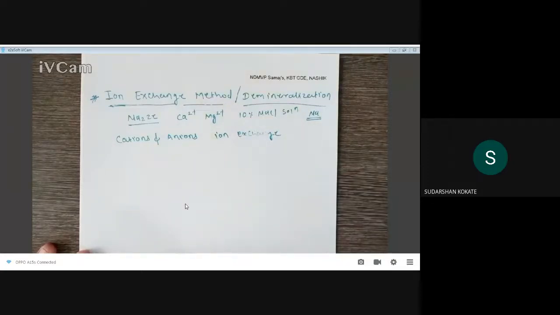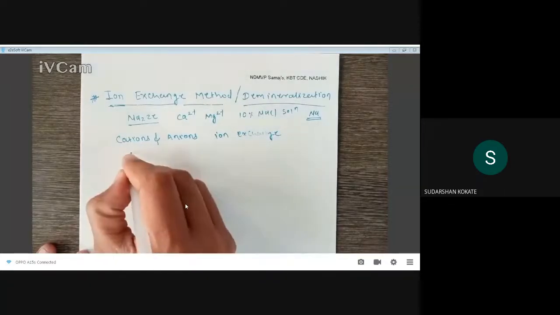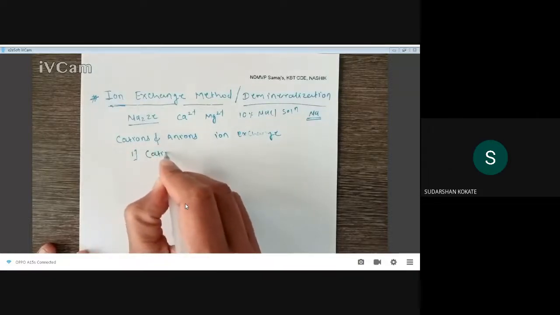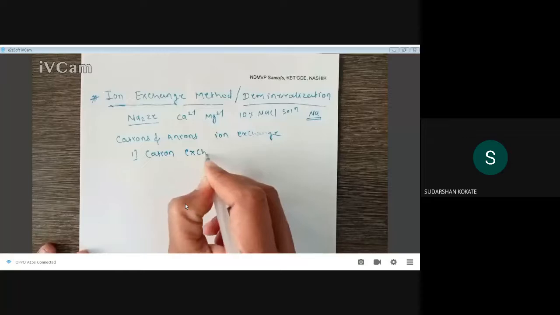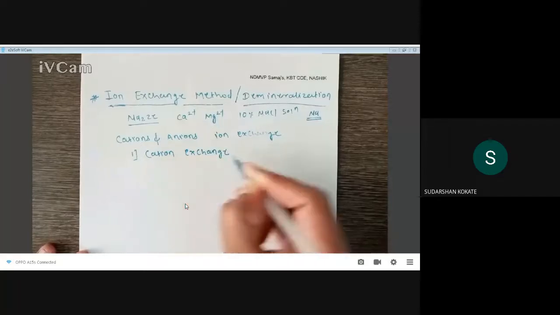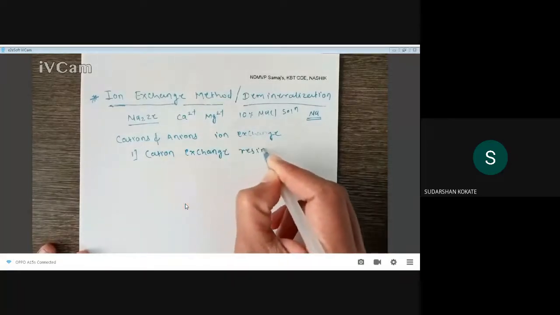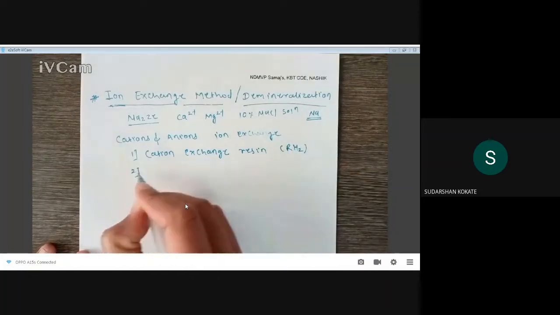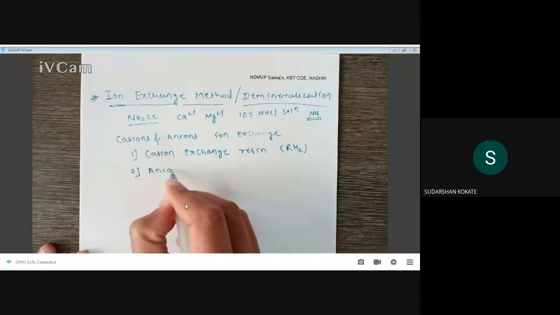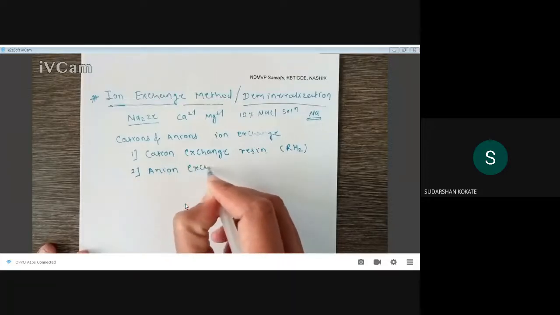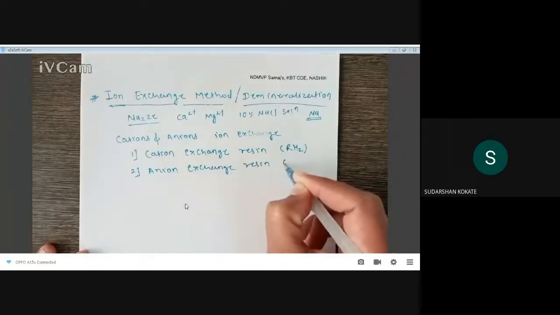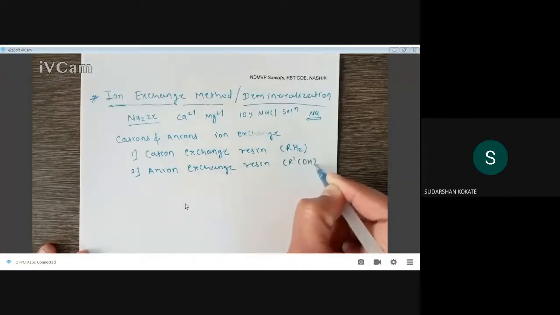Now there are two different types of synthetic resin which are useful. The first one is your cation exchange resin, which is denoted by RH2, and the second one is anion exchange resin, which is denoted by R-OH twice, right?